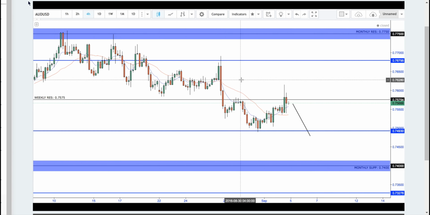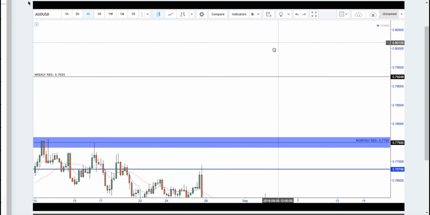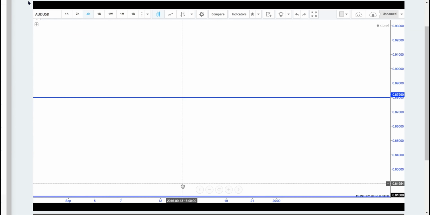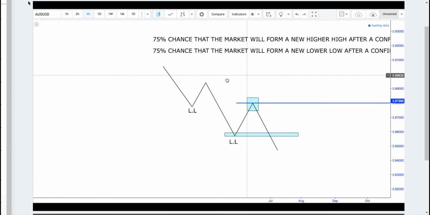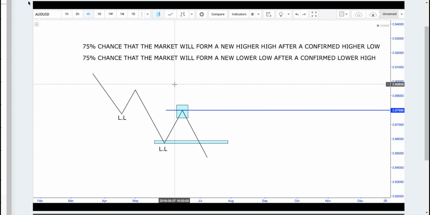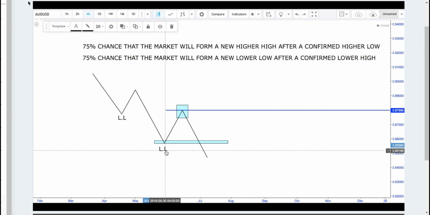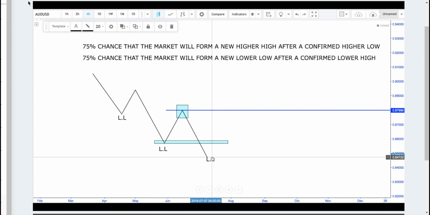So they're the rules that I just wanted to throw out. I forgot to put them in the last video, so apologies for that. You maybe take a screenshot, write it down, and it's vice versa for the higher highs and higher lows.